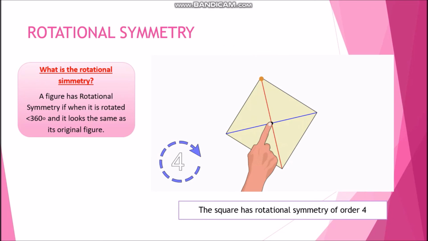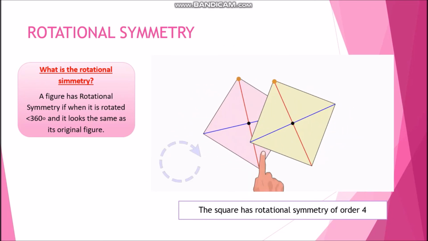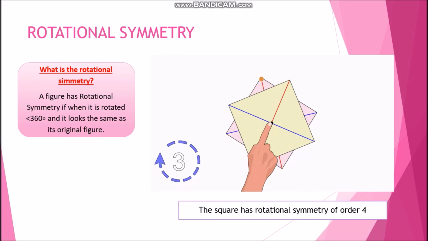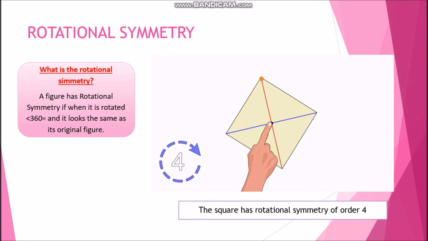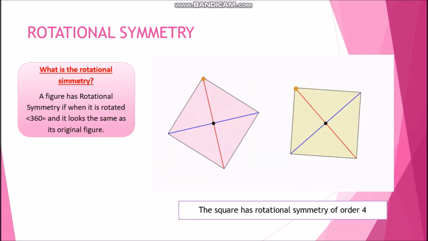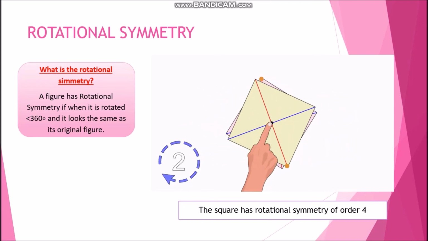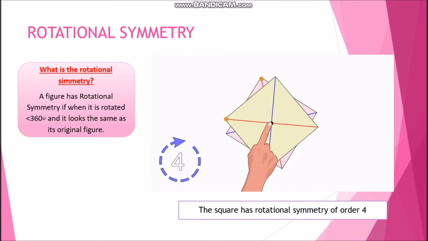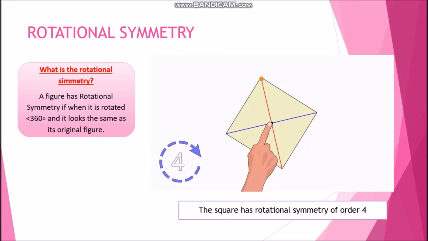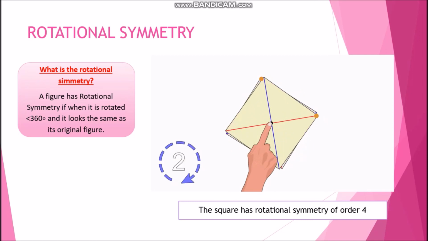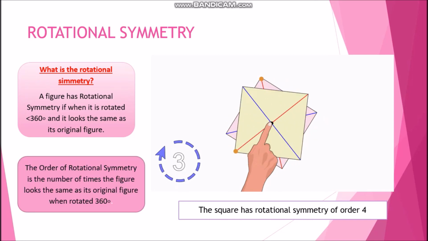For example, this square is rotated 1, 2, 3, and 4. And in all the rotations has the same figure. Y en todas las rotaciones tiene la misma figura, conserva la misma figura.